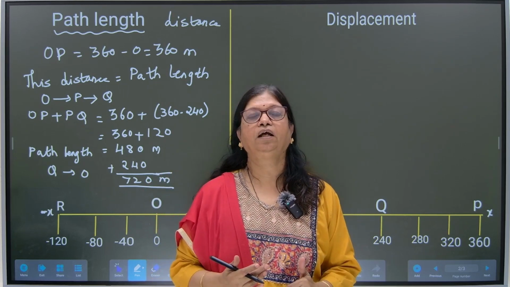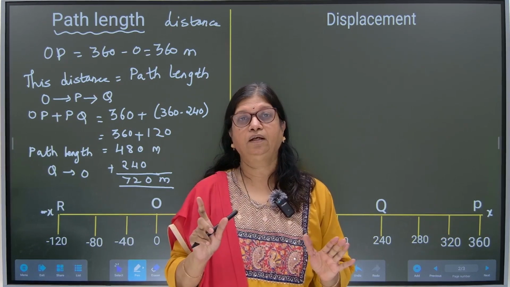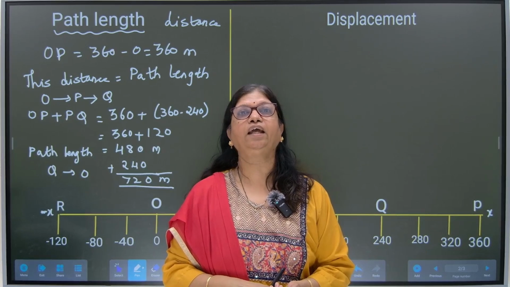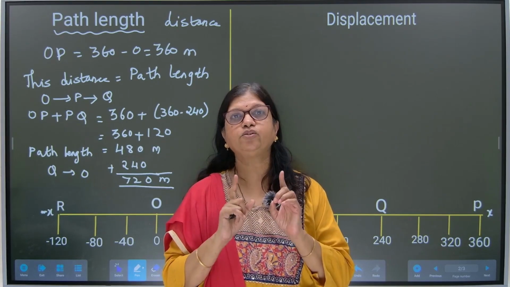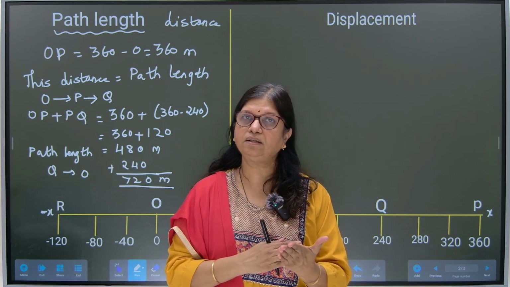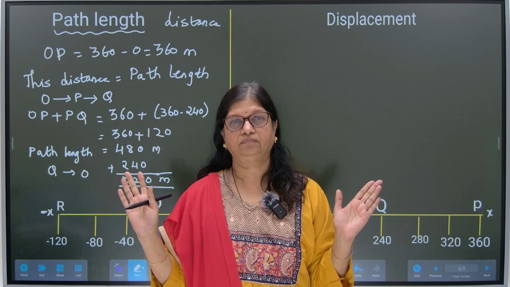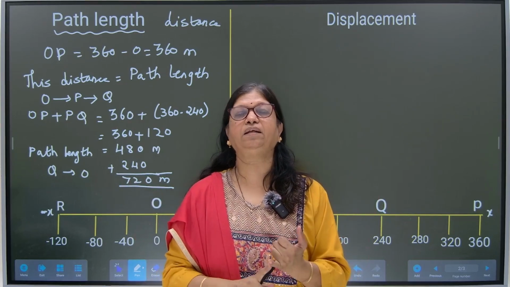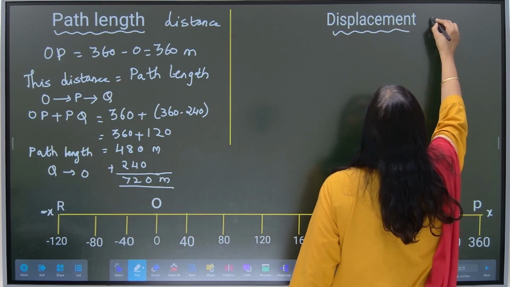Now, if I want to calculate the displacement, then I have to consider only 2 points, that is the initial and the final point of the travel. That's it. So displacement is a vector quantity.